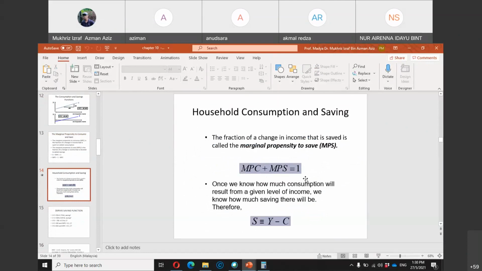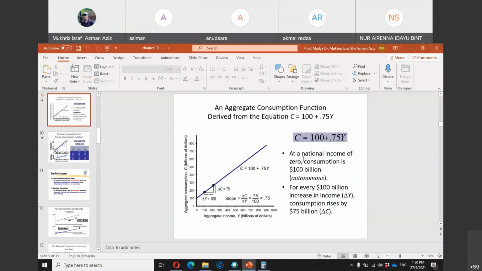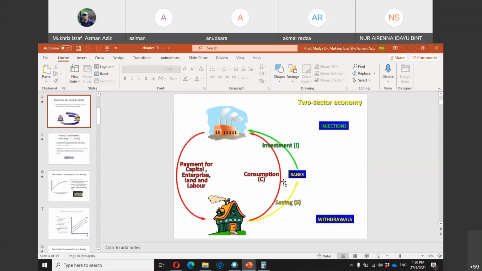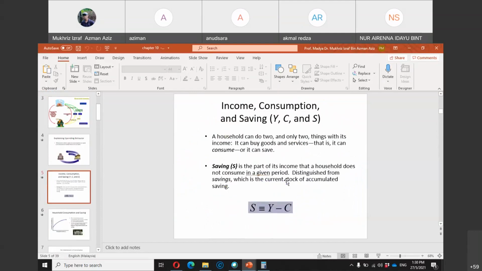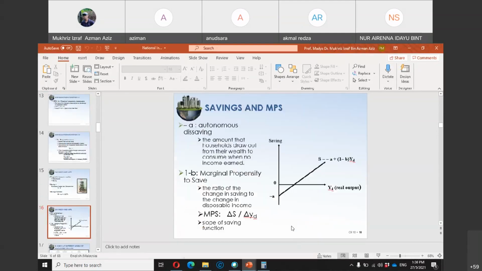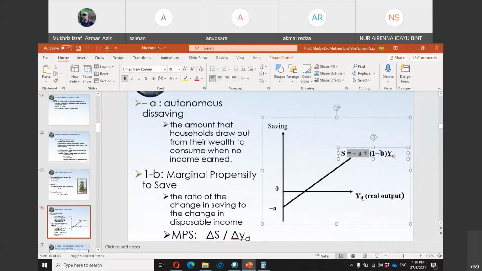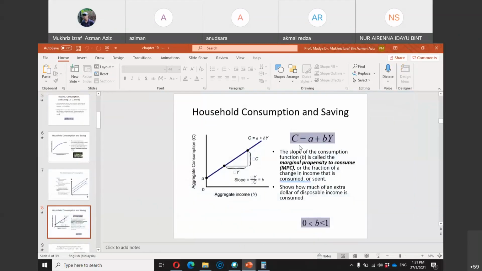So how do you construct the saving function? We know that the consumption function is C equals A plus BY, correct? The saving function can be written as negative A plus 1 minus B times Y. If you look at this function, it is basically the opposite of the consumption function. A means autonomous consumption.